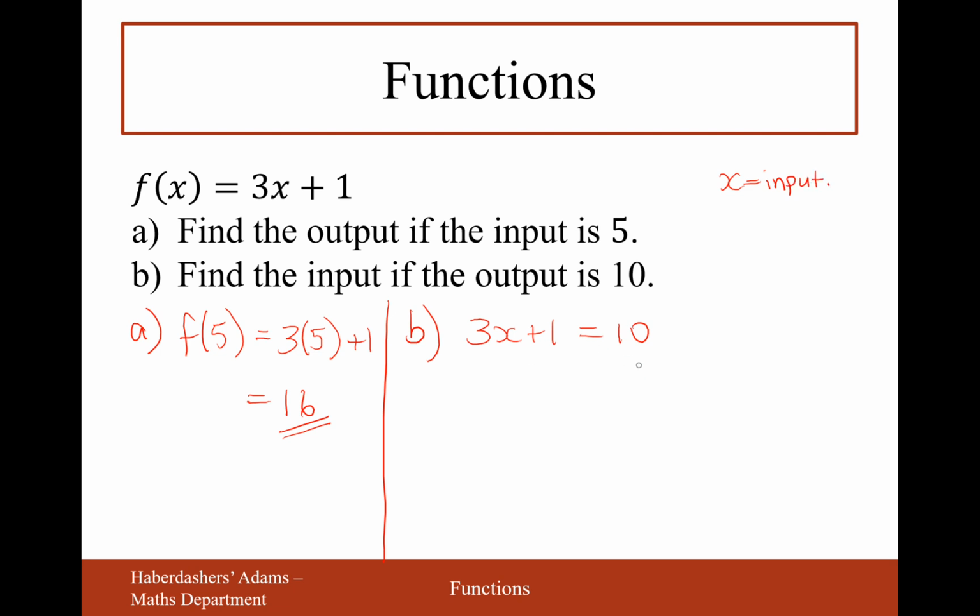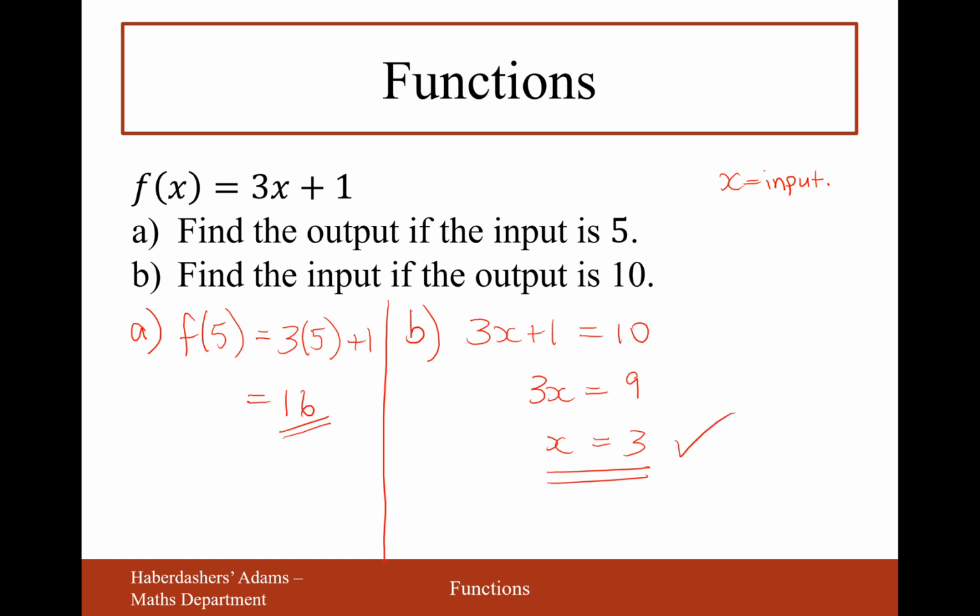So take away 1 from both sides and we get 3x equals 9. And then divide both sides by 3 and we get x equals 3. So the input value would need to be 3 for the output to be 10, and we can test it. 3 times 3 is 9, add 1 is 10. 10 is the output and 3 is the input.